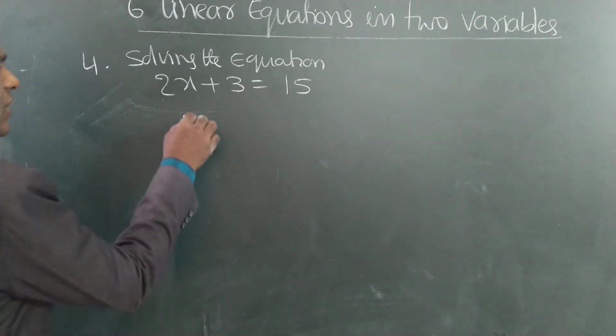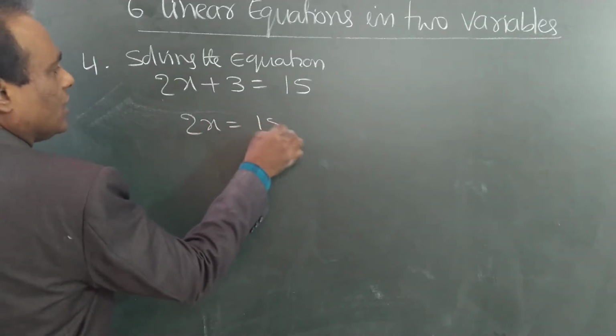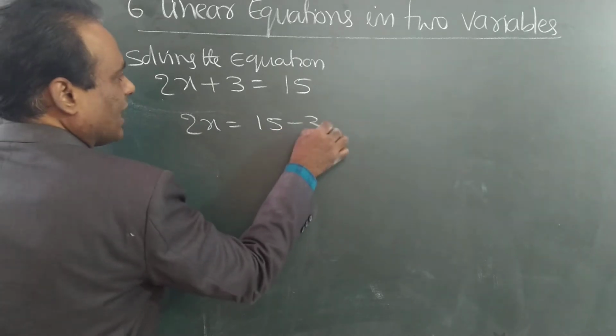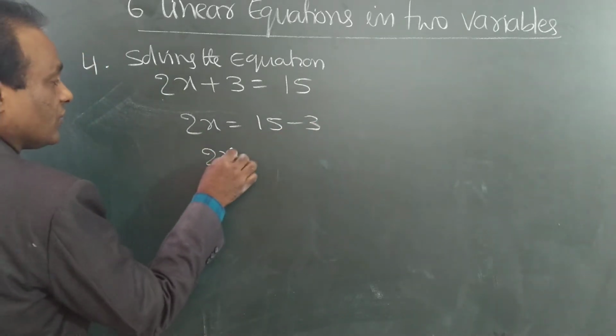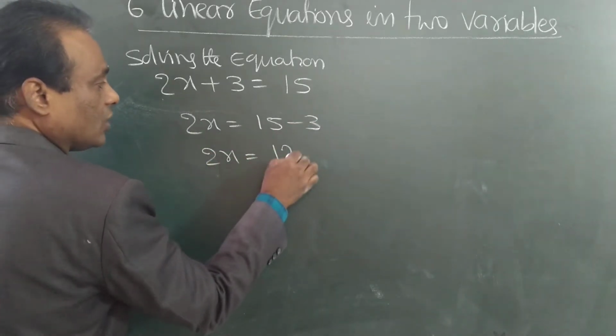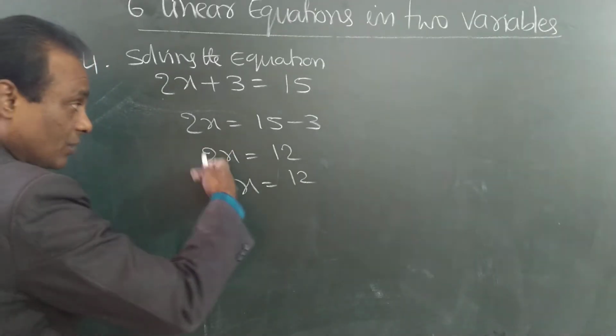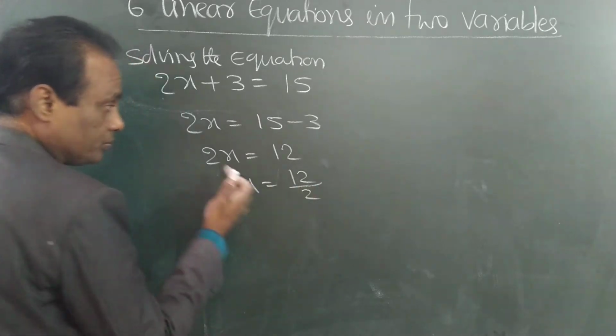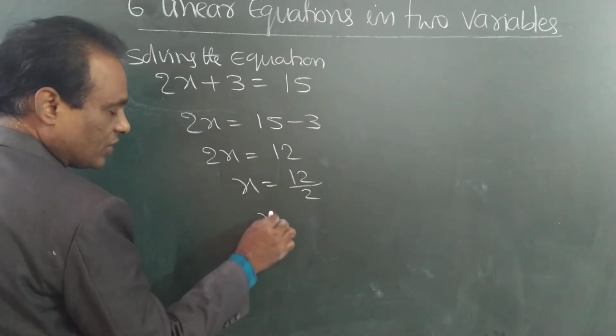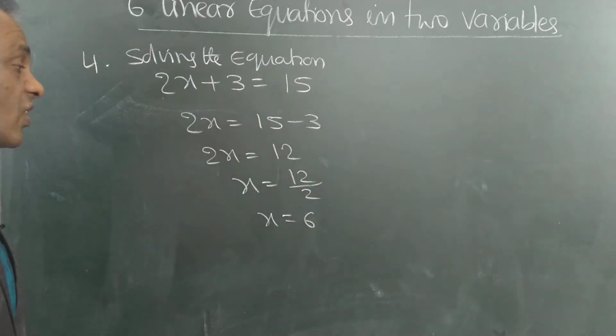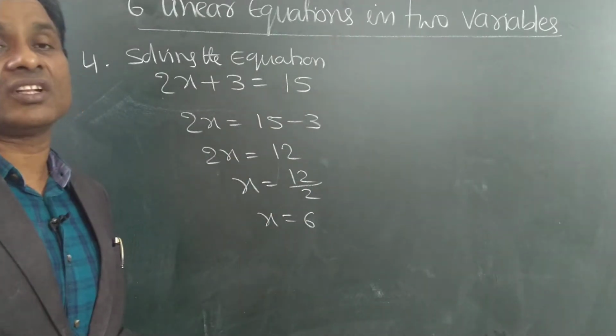Our normal procedure is, you know, 2x plus 3 is equal to 15, so 3 goes to the right side as minus 3. 2x is equal to 15 minus 3, which is 12. X is equal to 12 by 2, since 2 is in multiplication it goes to the denominator. X is equal to 6.